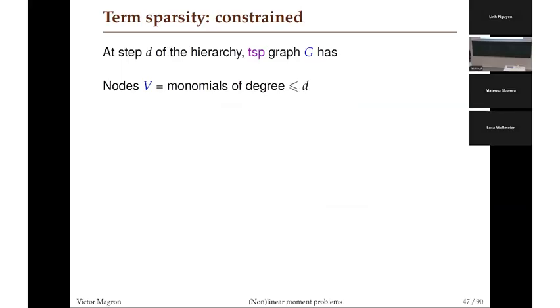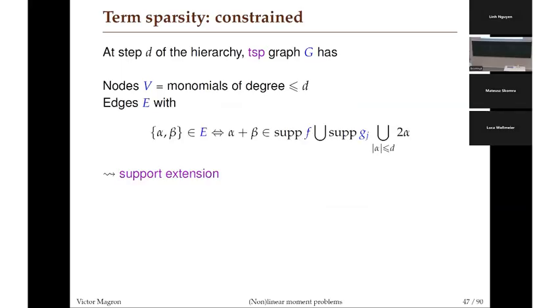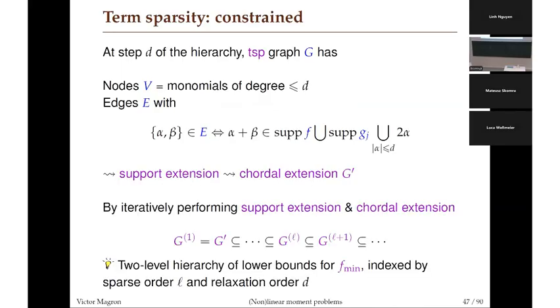So yes, the two-step procedure is as follows. You need to do this support extension, so make sure that every pseudo-moment variable will appear consistently, and chordal extension. And then you have a lot of choices about the chordal extension that will lead to several hierarchies. And by iteratively performing these two steps, you have this two-level hierarchy of bounds.